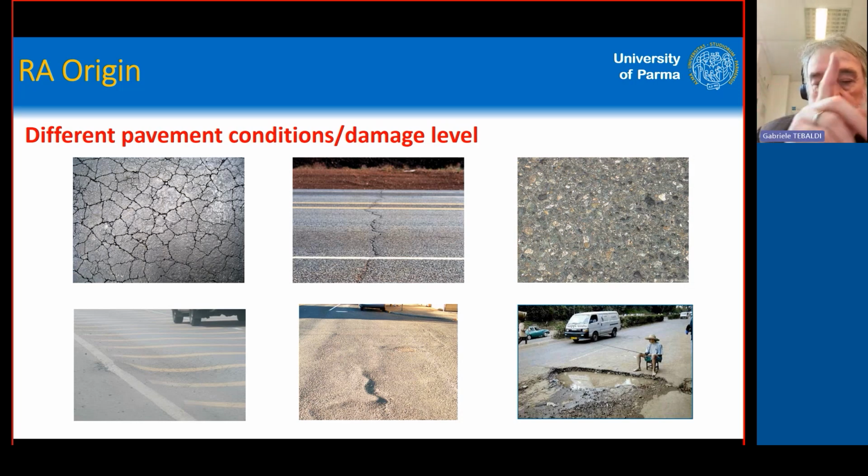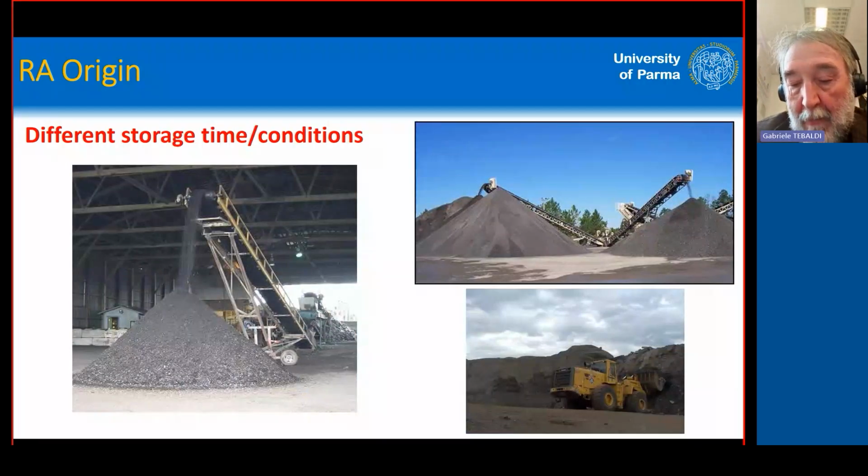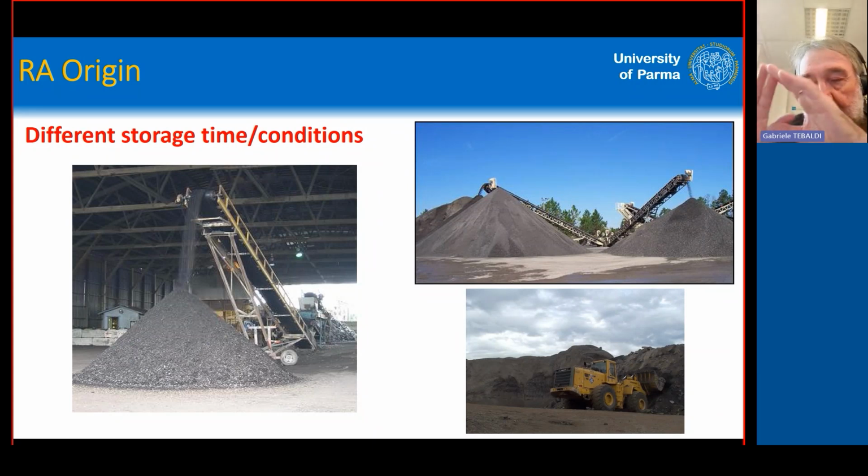So again, another level of variables. One more, even in this very chaotic ensemble of variables, we also have the storage condition and the storage time. If we keep the material covered, we will have less moisture inside than in the case of a stockpile stored outside, under the weather conditions.